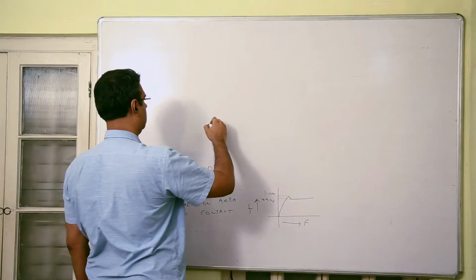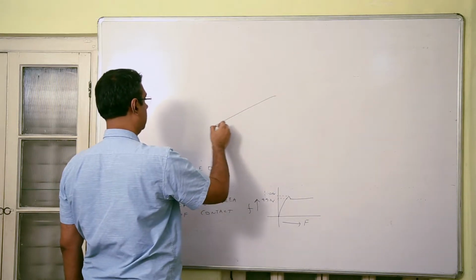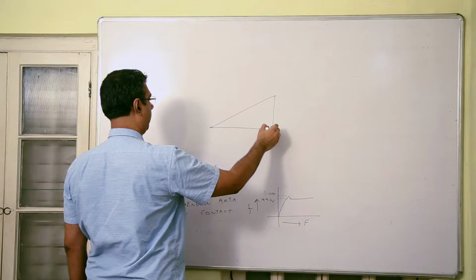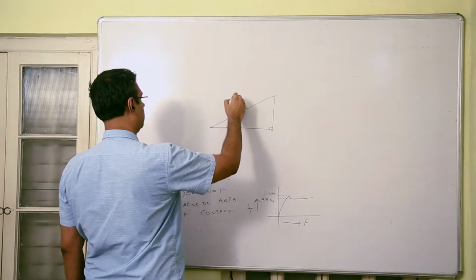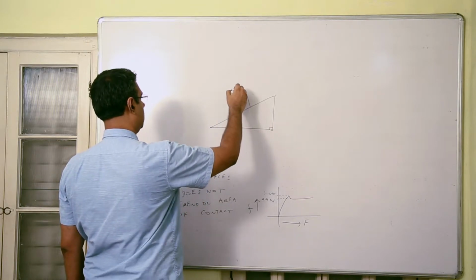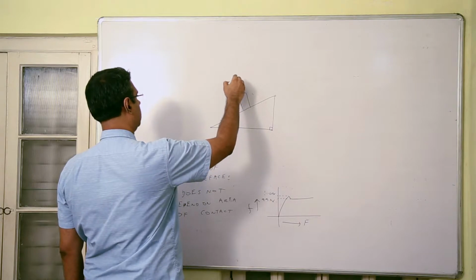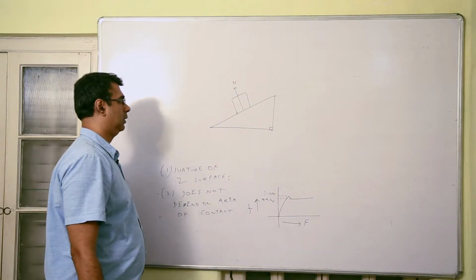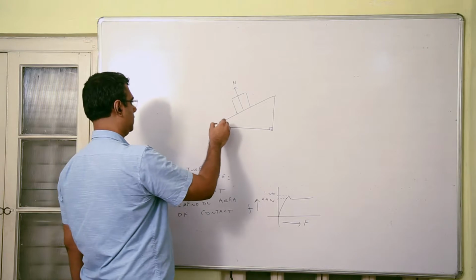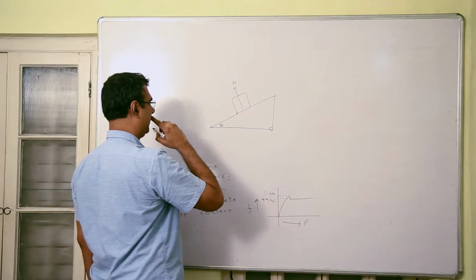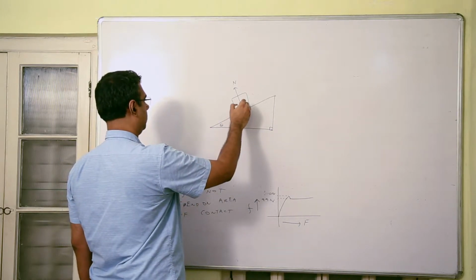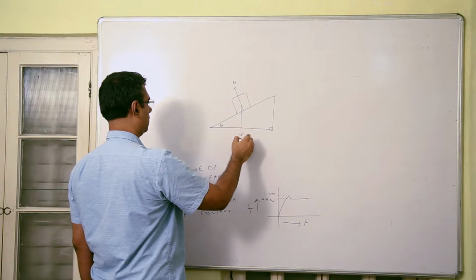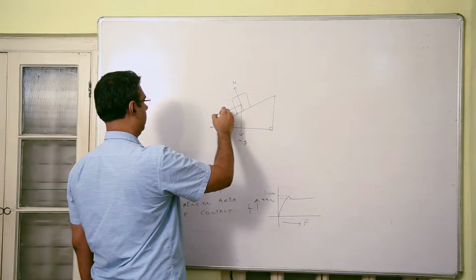How does friction act on an inclined plane? Suppose you have a block resting on an inclined plane and the normal reaction is N. Let's say the angle over here is theta. Now the thing is, the weight of this block, suppose it is mg.